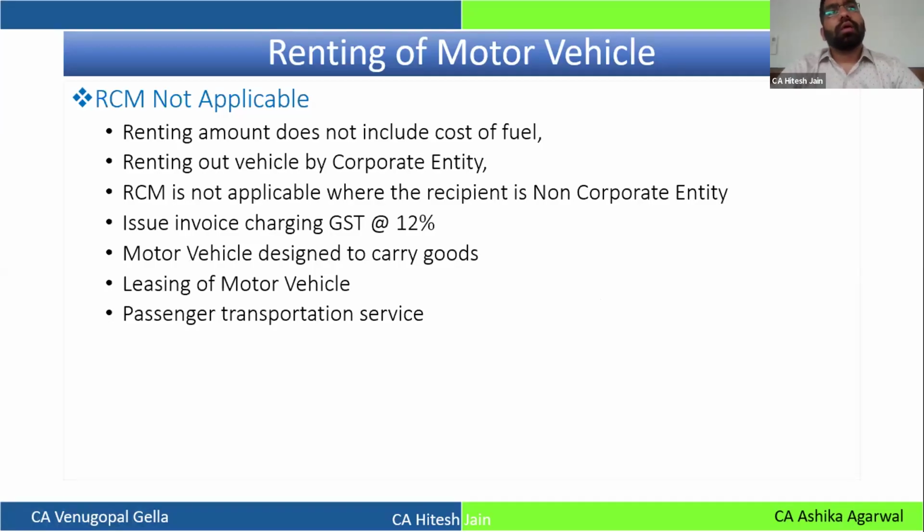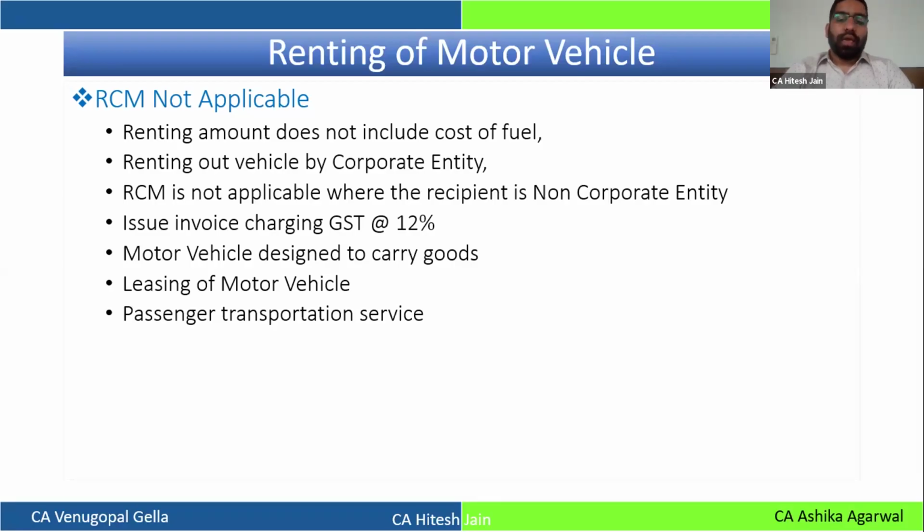Now coming to the specific points where RCM will not be applicable in case of rent-a-cab service. Firstly, if your cost of fuel is not included in the invoice, RCM applicability does not arise. Secondly, if renting out of vehicle is done by a corporate entity, as we saw that the supplier should be any person other than a body corporate.